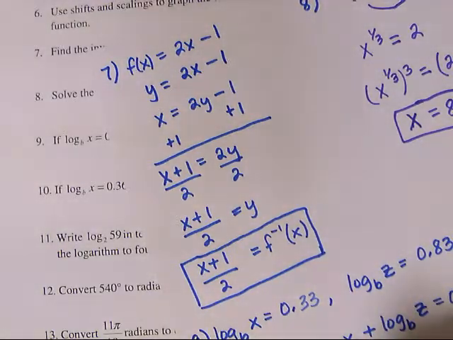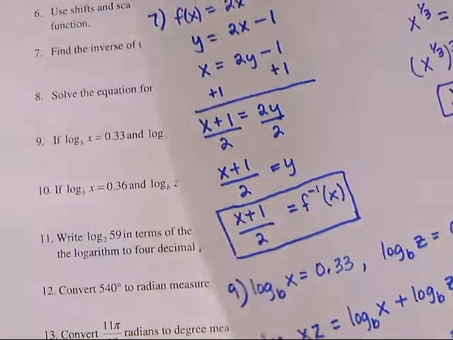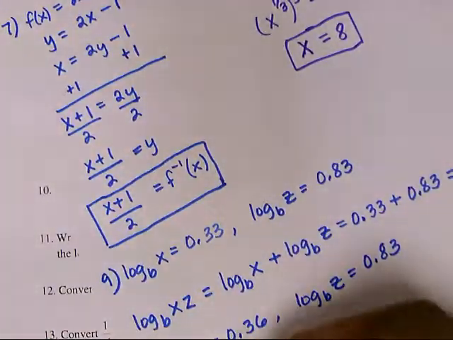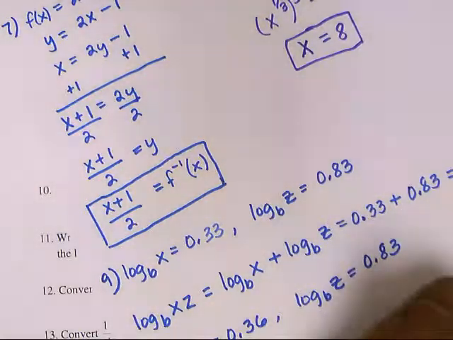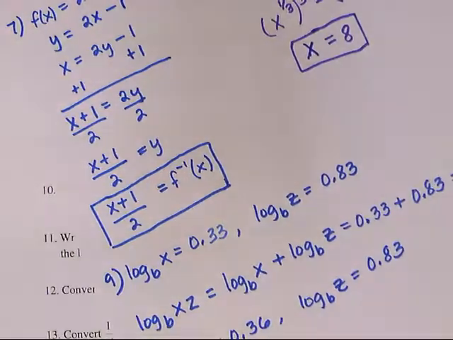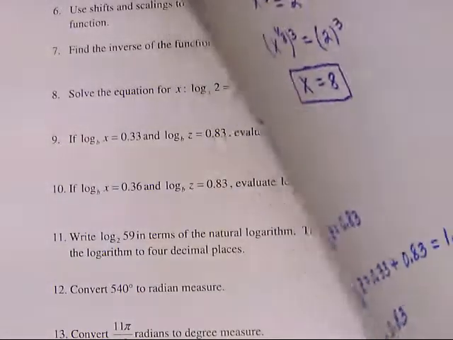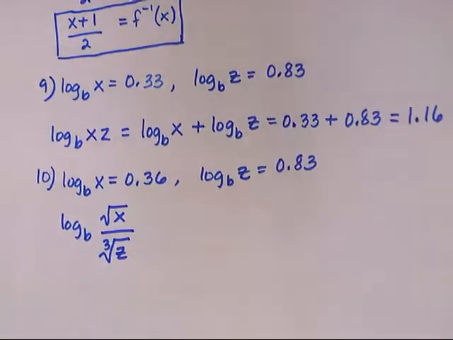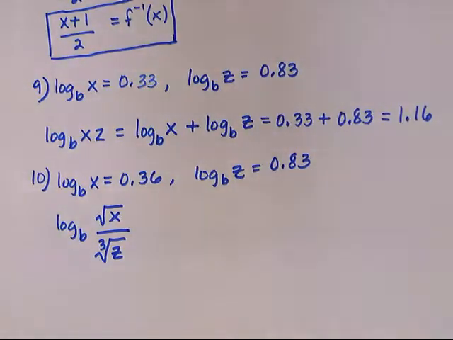So here log to the base b of x is going to be 0.36, and log to the base b of z is equal to 0.83. And we want log to the base b of the square root of x over the cube root of z.